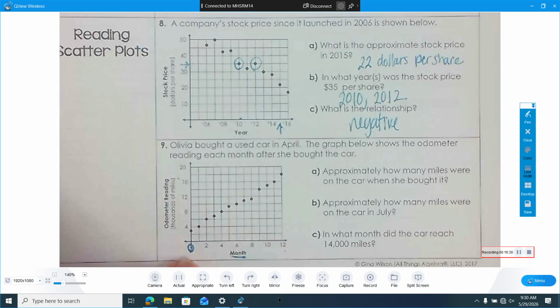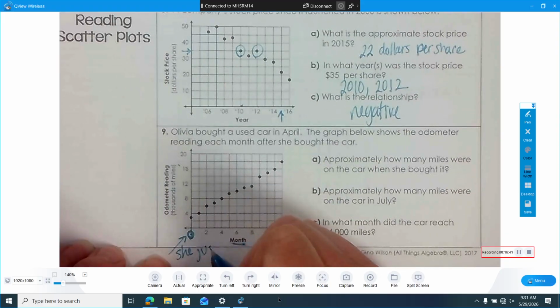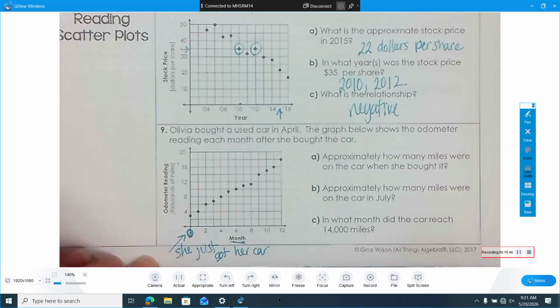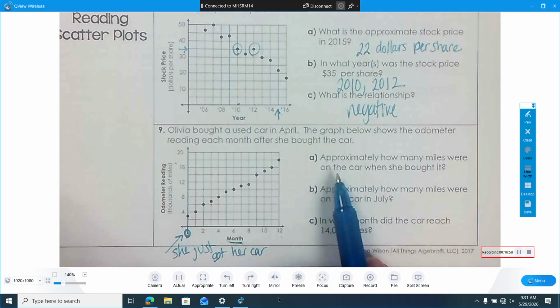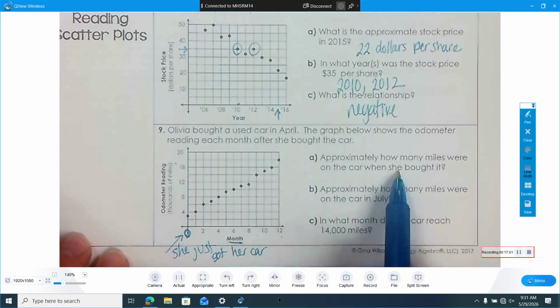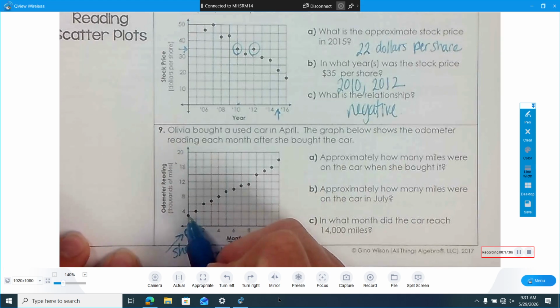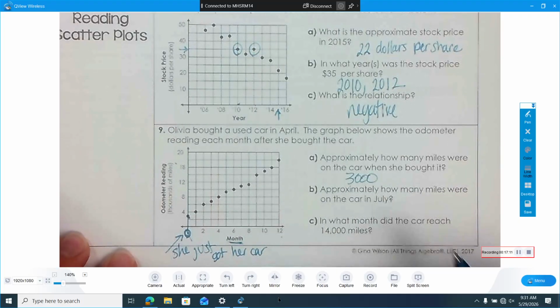That's important to understand when you're reading a graph. When time is 0, that means you just got it. So she got it, it had like 3,000 miles on it. Approximately how many miles were on the car when she bought it? 3,000. Yeah, that point right there is about 3,000.